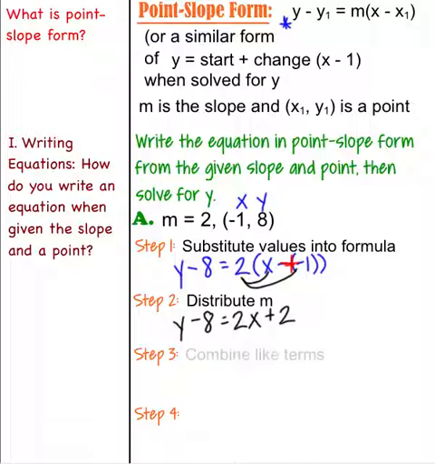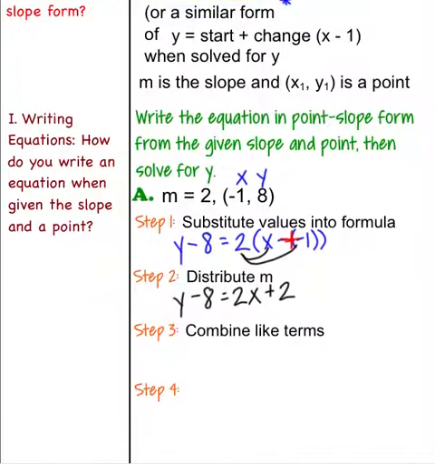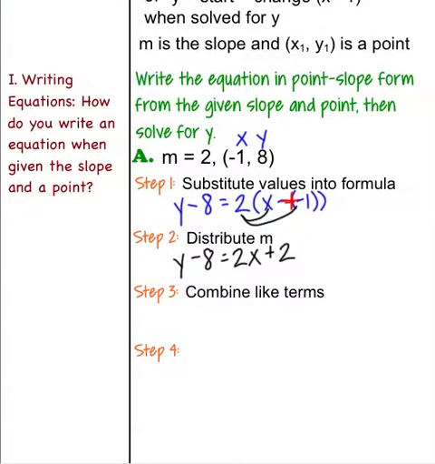Step 3 will then be to combine our like terms, if we have any, which in our case is going to involve step 4, which is solving for y. So I'm going to rewrite over here our y minus 8 equals 2x plus 2.